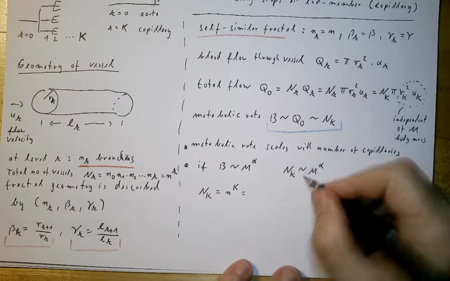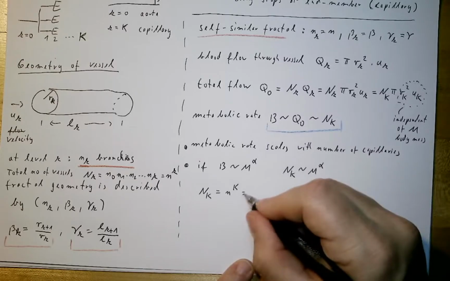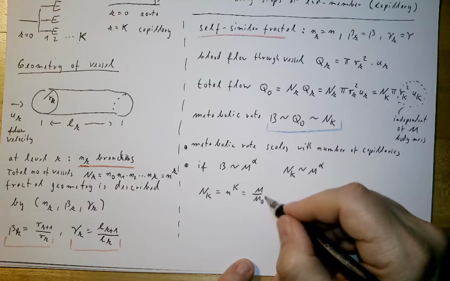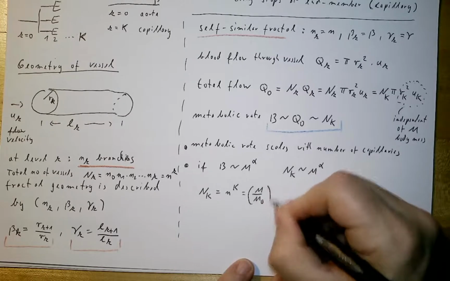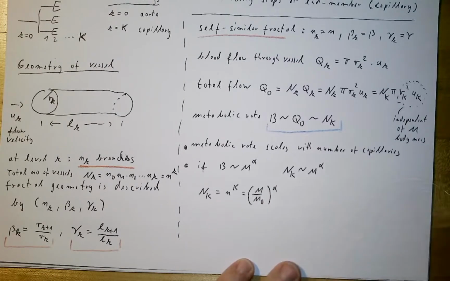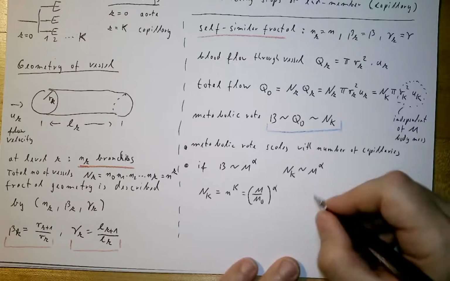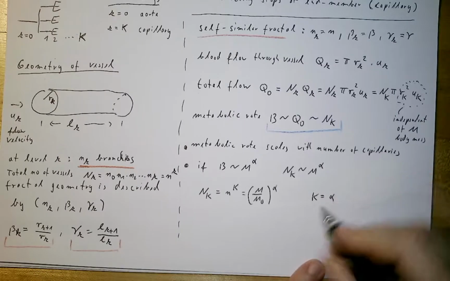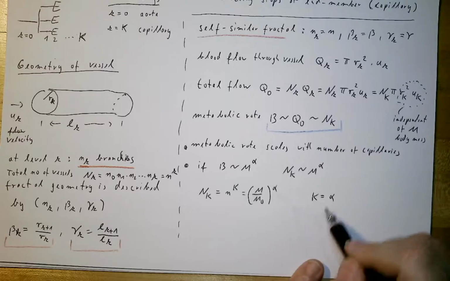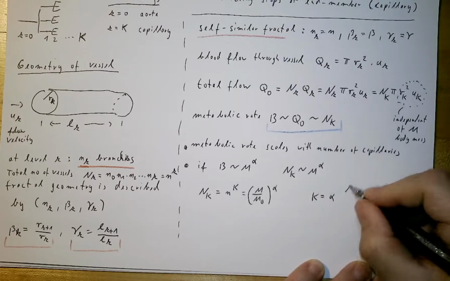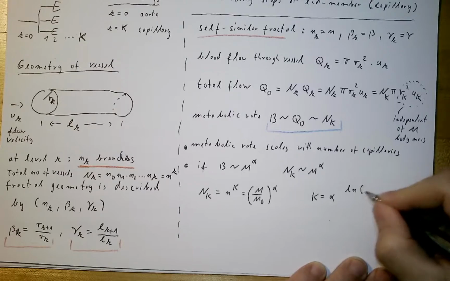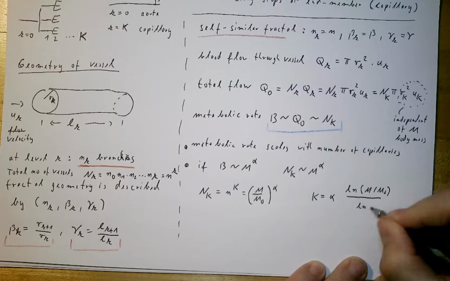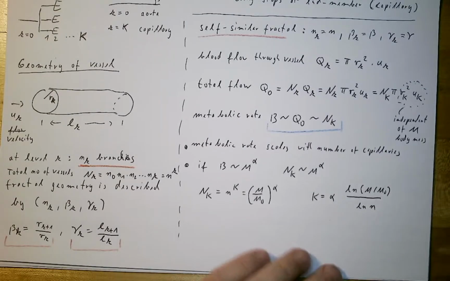And so this, now we don't write a proportionality constant, we write it as an identity, then we have m divided by a constant m0 to the power alpha. And then we directly get a constraint. So we see the number of branchings in the system is proportional to our scaling exponent. And then here we have a logarithmic dependence on the body mass divided by our branching factor.